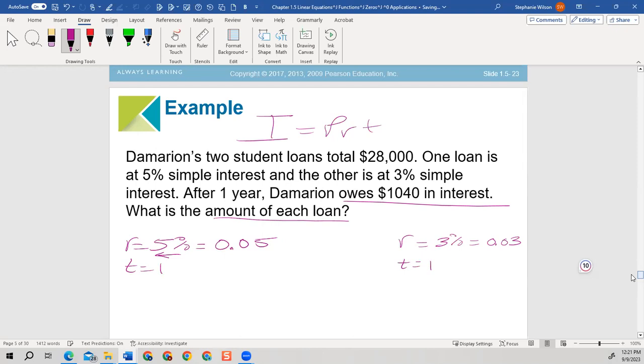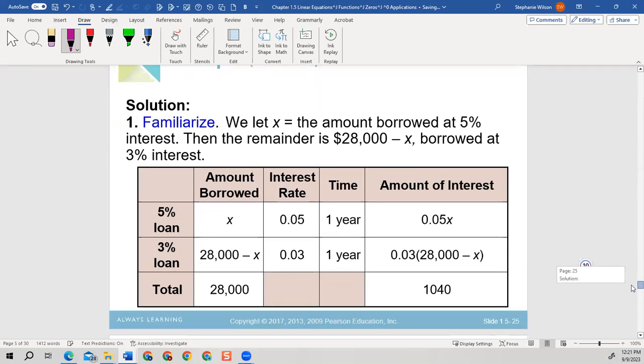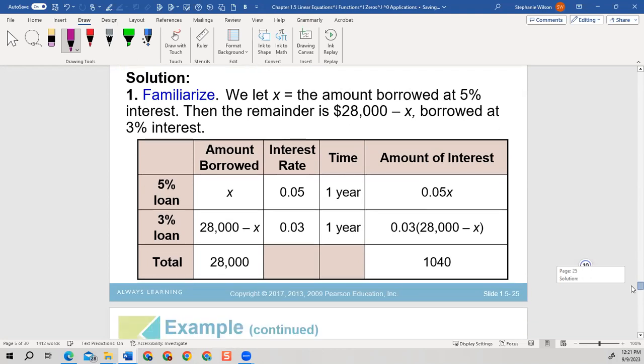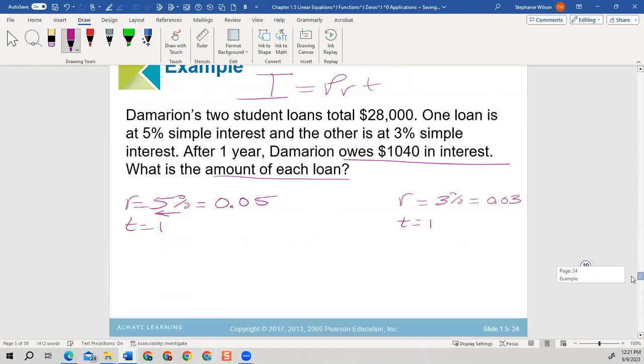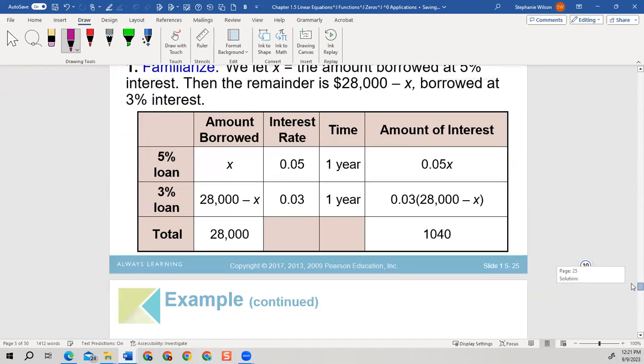Oh, it's got 2 student loans and they're 28,000. Yeah, that's what I thought they were doing. They set it up, I like the table. I was going to set it up like that, but I wasn't 100% sure if that was the example that they used, so this will work out great. They use X as the unknown. So they said, let this equal X. When they set it up in the table, as y'all can see right here, and I like this table, so we're going to use it.